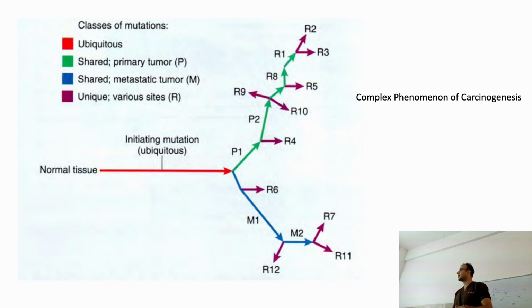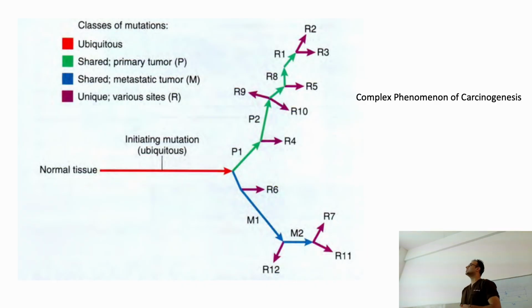I'd like to explain this with a simple diagram. There is a normal tissue, and the mutation has started. P1 is the primary tumor, and M1 is a metastatic tumor. At first, there is a shared mutation between these two. And as you see, as the clone is formed, there is a unique type of mutation that we can see in the metastases at various sites.